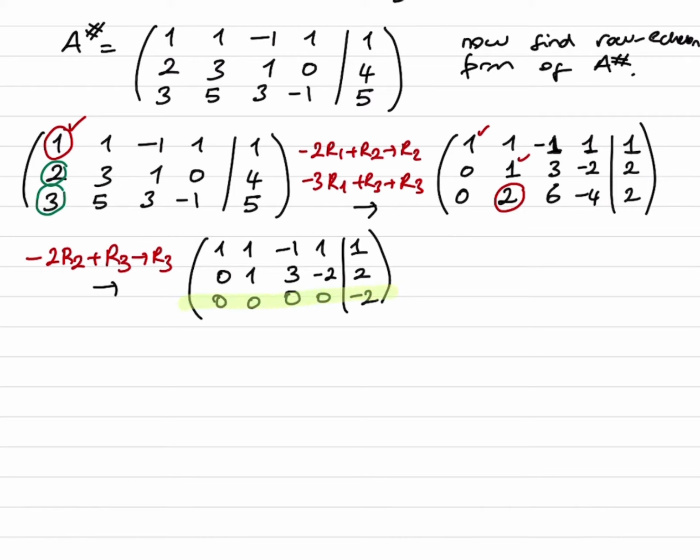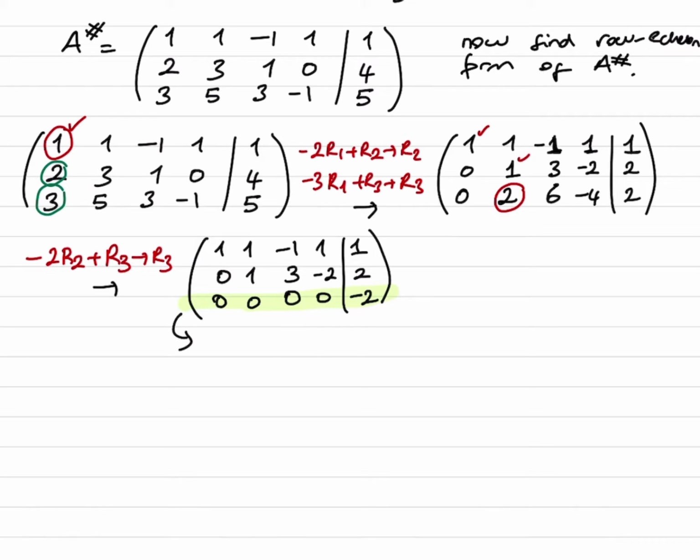Okay, look at this row. From this row we see that 0 is equal to -2, right? But this is a contradiction. Let me explain it.